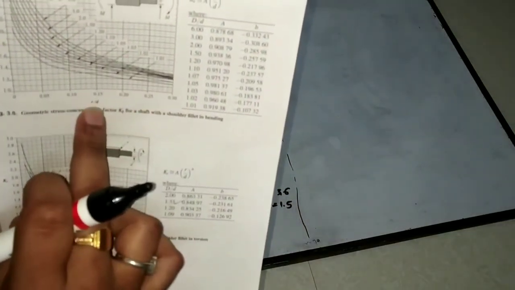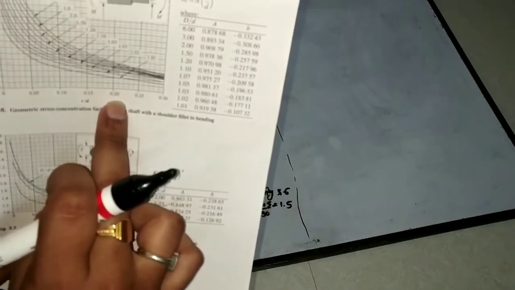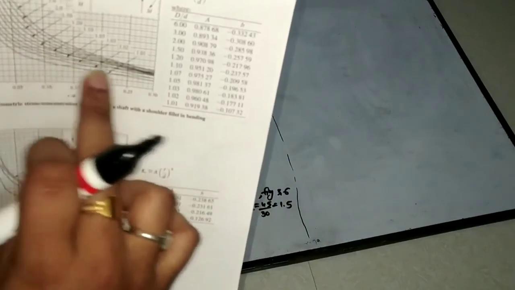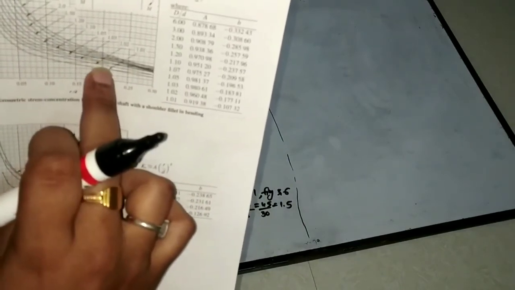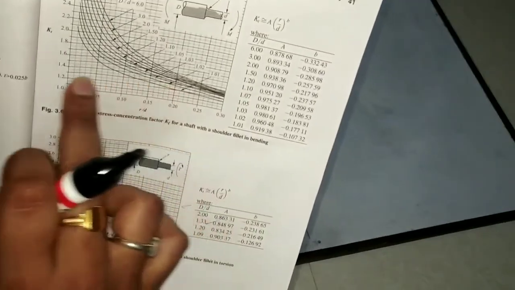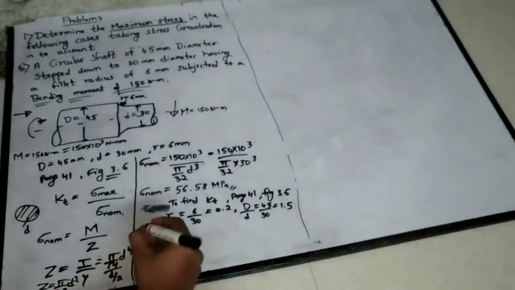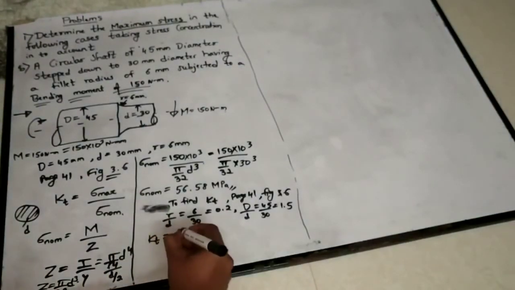I repeat, small r by d ratio is 0.2 and capital D by small d is 1.5. Wherever those two meet, the corresponding value on the y-axis is your Kt value. So Kt I am getting as 1.4.